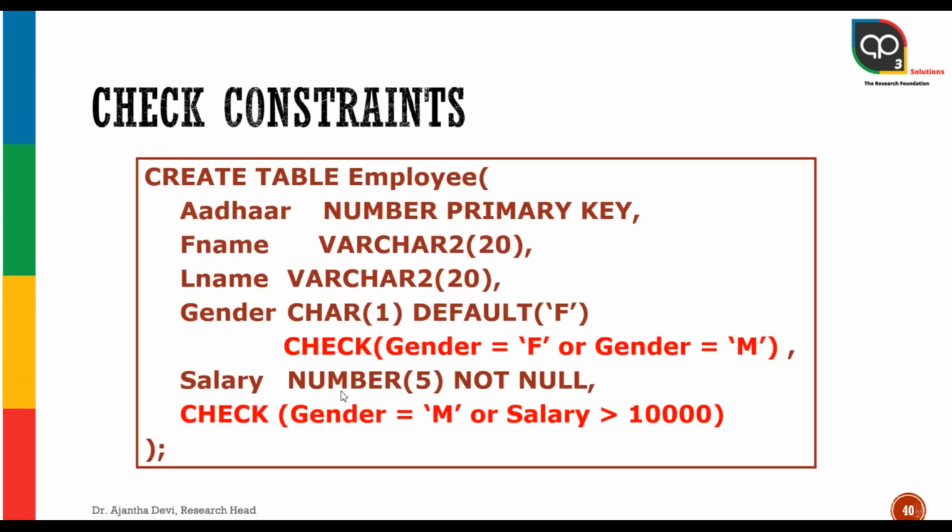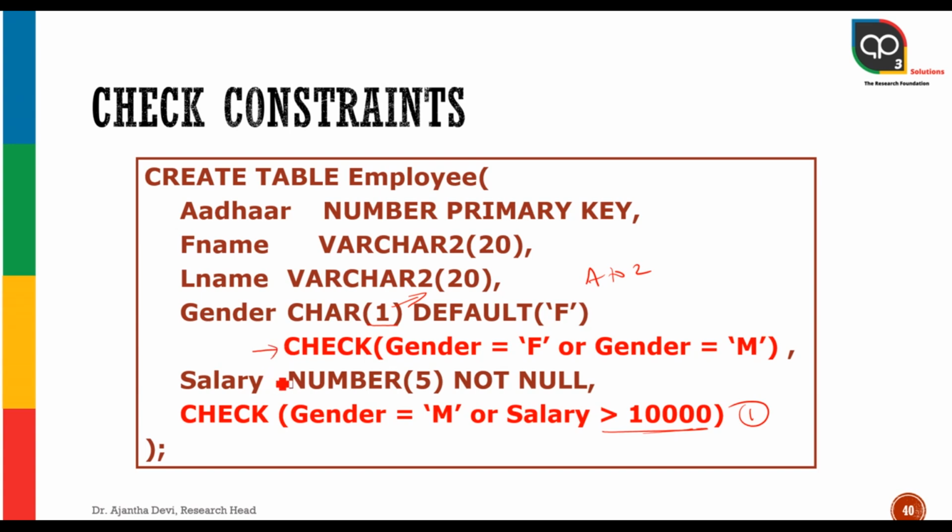Okay, so now let me provide one thing. Here we have two check conditions. One particular thing I have specified is that salary has to be greater than 10,000. And second, the gender is a character 1. If you enter anything from A to Z, would it accept? Yes, of course.